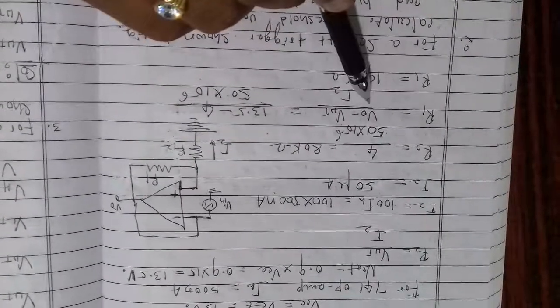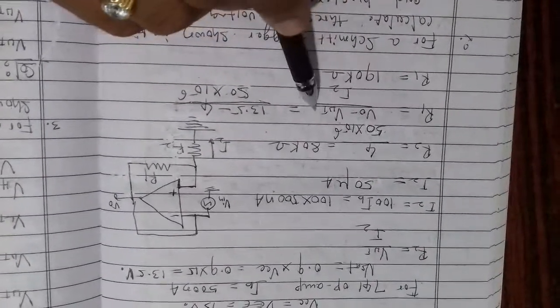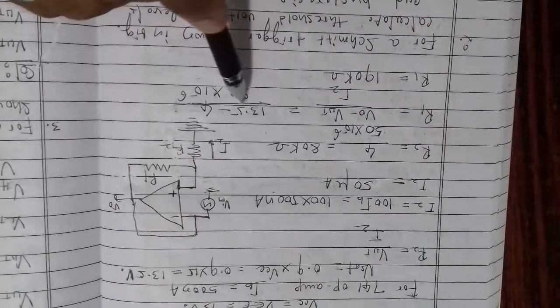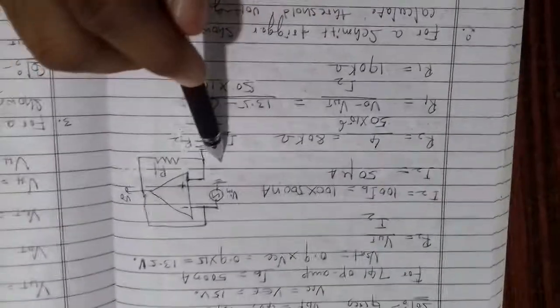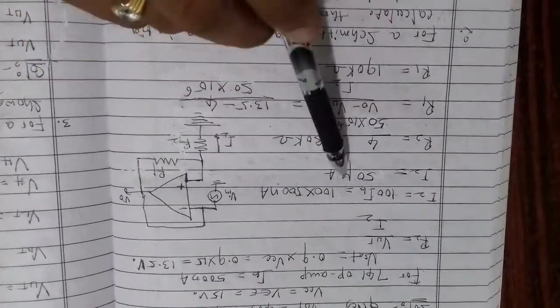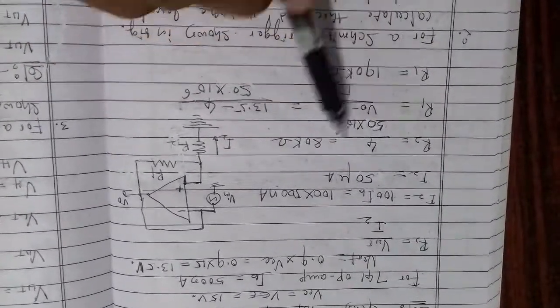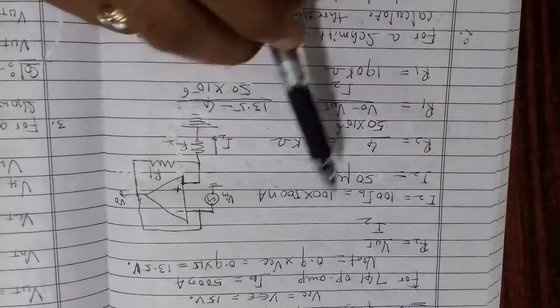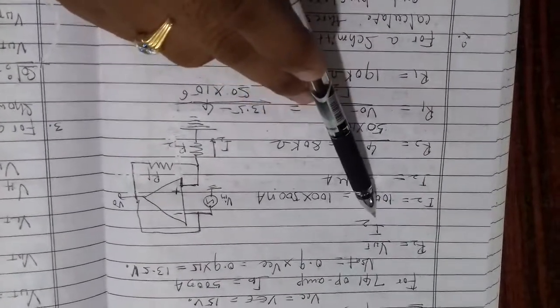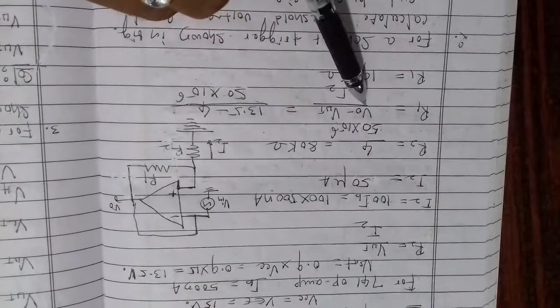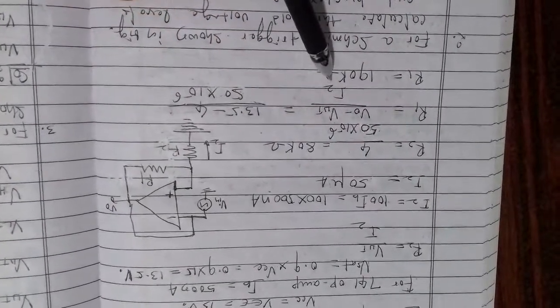R1 is equal to output voltage minus upper threshold voltage upon I2, equal to 13.5 minus 4 upon I2, so R1 is equal to 190 kiloohms. R2 is equal to upper threshold voltage upon I2 and R1 is VO minus VUT upon I2.